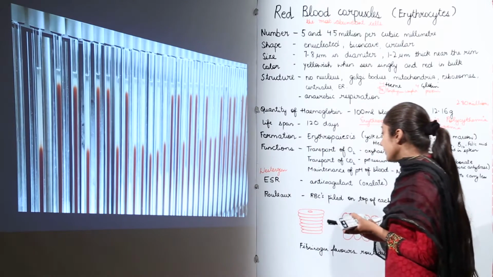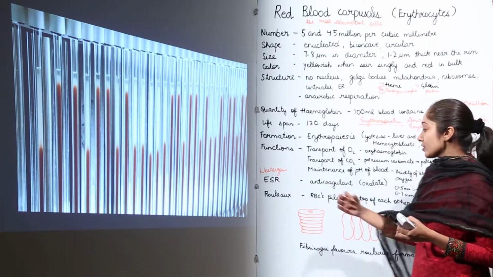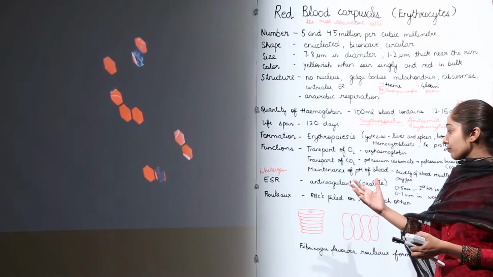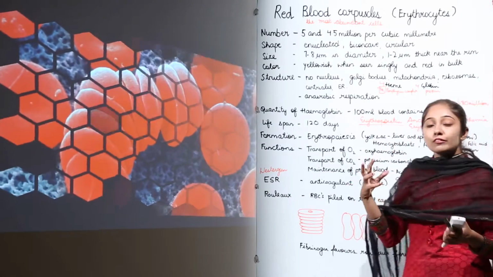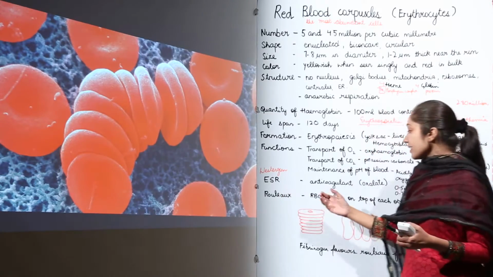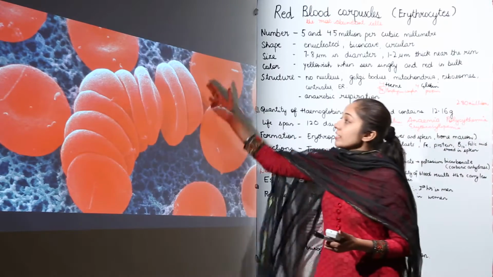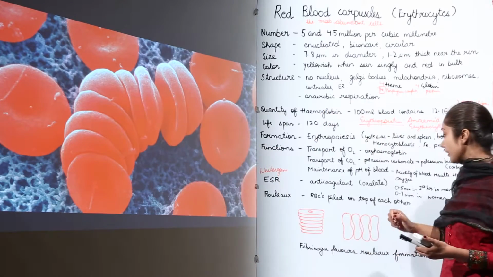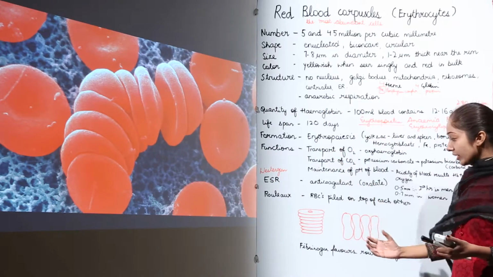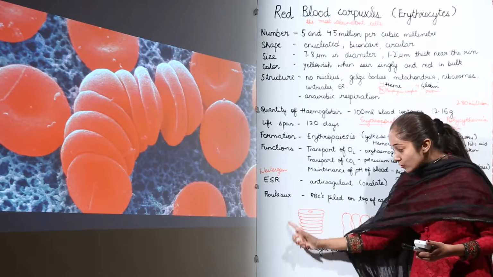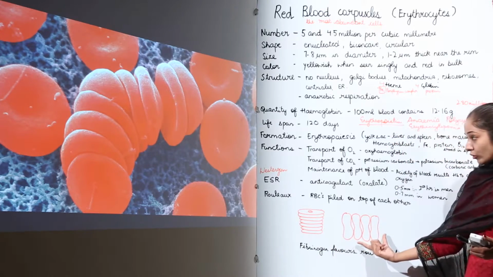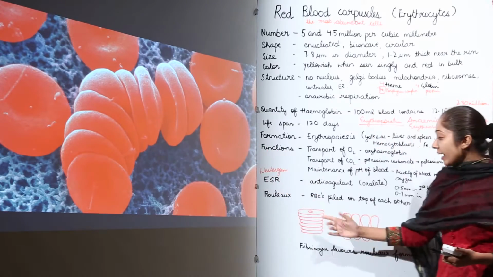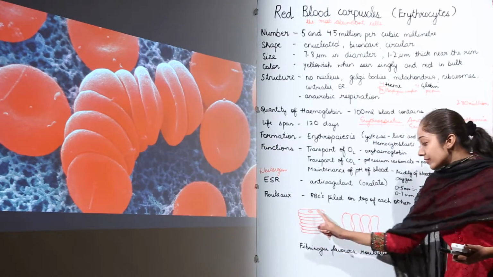Then we have a term that is Rouleaux. Now what is this Rouleaux? Just look into this image. When the blood flow is quite slow, then these RBCs are piled up in this manner. As you can see, this is the side view, the RBCs are piled up on top of each other. So you can see the side view over here in this image, and these RBCs are actually piled up in this way.